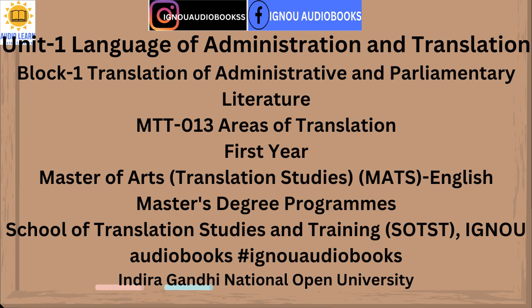Keeping these facts in mind, the government has tried to keep the system of translation in such a way that most of the translation work is done in the concerned office only, and the specific translation is sent to the Central Translation Bureau and the specific translation related to law be sent to the official language wing of the Legislative Department of Ministry of Law for translation. A brief description of where the translation related to administrative work takes place is being given below.